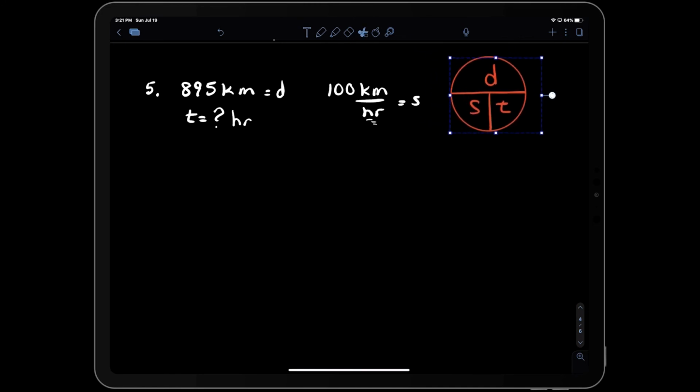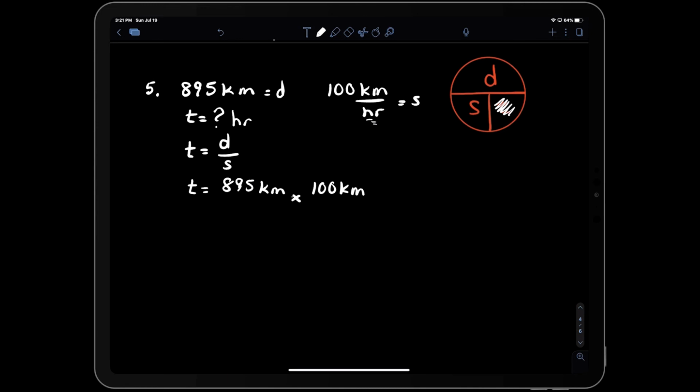I need a formula. If I cover up the variable I'm trying to find, I see that time is going to be distance divided by speed. So I can plug in the numbers. You have 895 kilometers times, and our velocity for this was 100 kilometers per hour.